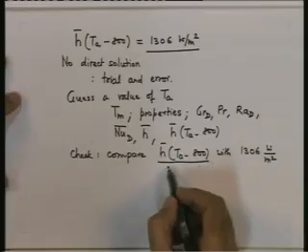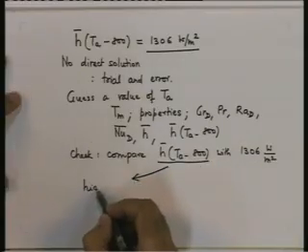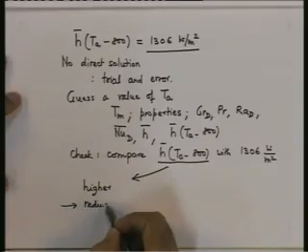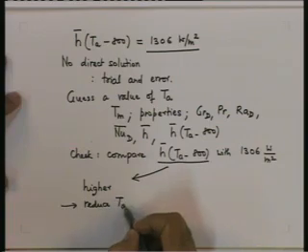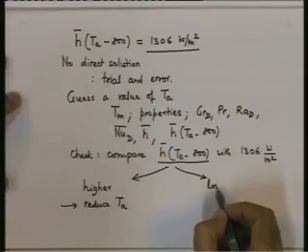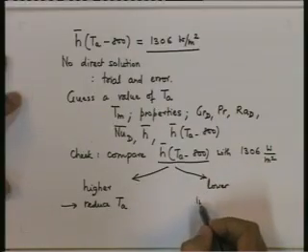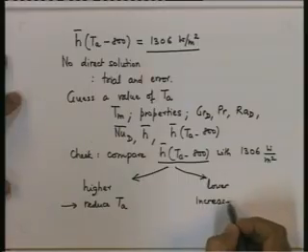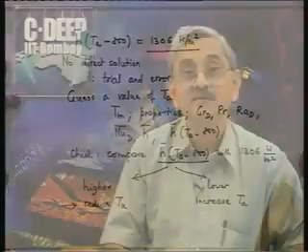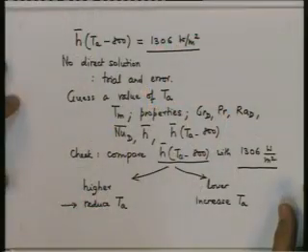It is possible that this is higher, in which case we will reduce our guessed value of TA. If it is lower, we will increase our guessed value of TA. And when we do this, by a reasonable number of trials, we should be able to get sufficiently close to the required value of 1306 watt per meter squared.